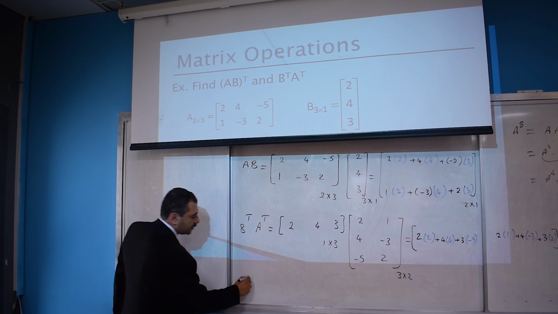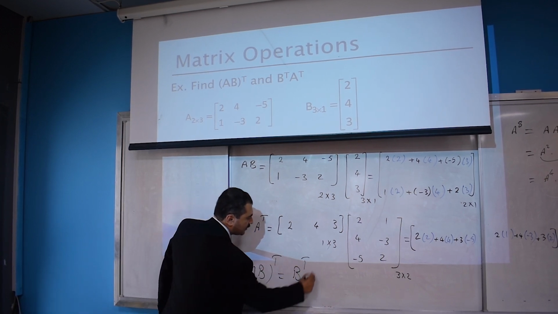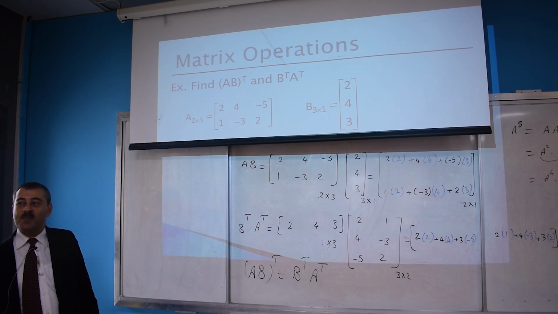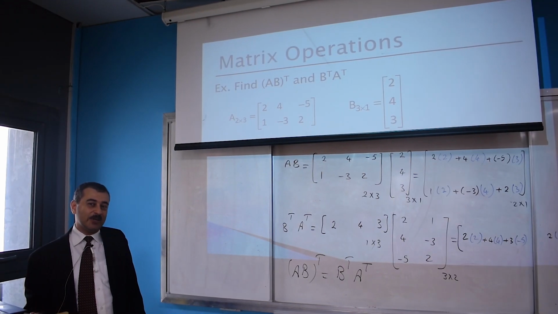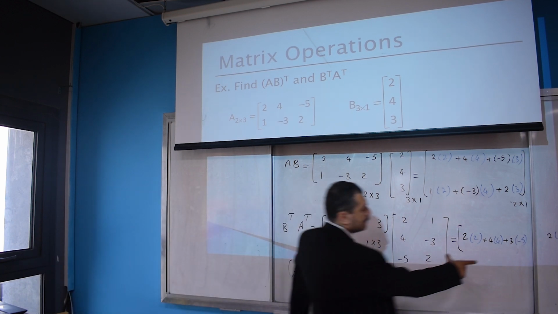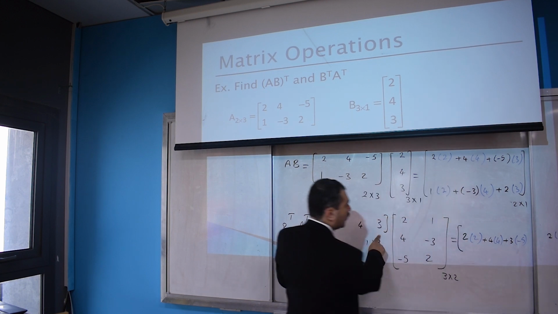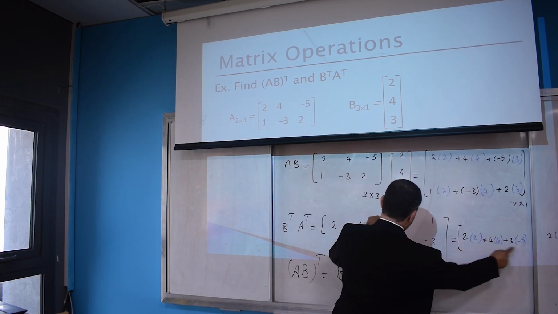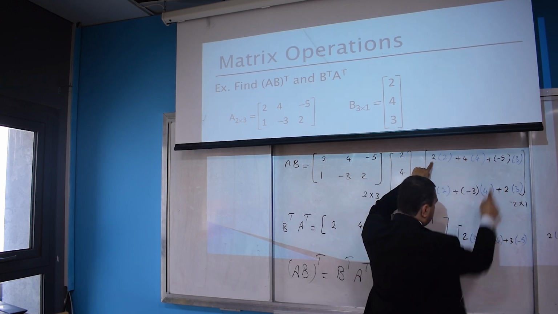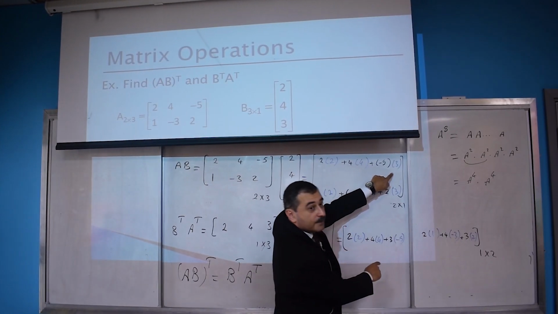So can we say in general that AB transpose equals B transpose A transpose? If you look at what we did here, this entry is the dot product between two vectors, 2, 4, and 3, which is this one, and the second one, 2, 4, and negative 5, which is this one. You will get here the same dot product between 2, 4, and negative 5 with 2, 4, and 3.